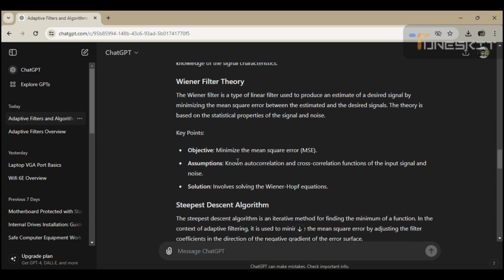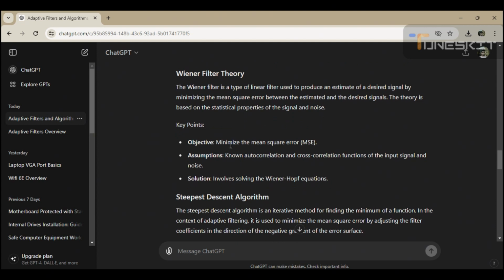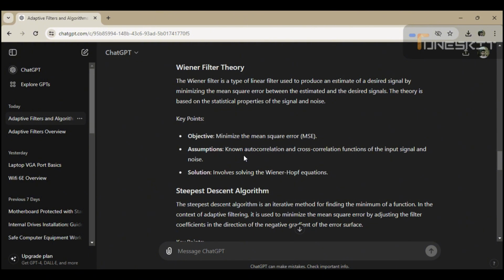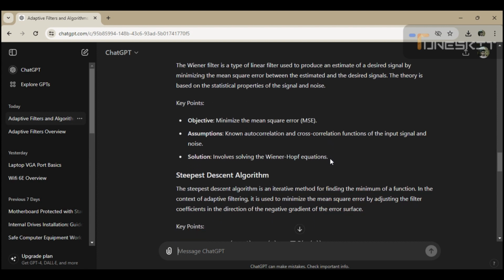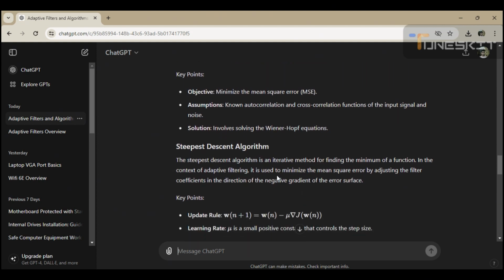The key point is that our objective is to minimize the mean square error, using the autocorrelation and cross-correlation functions of the input signal and the noise. The solution involves solving the Wiener-Hopf equation.